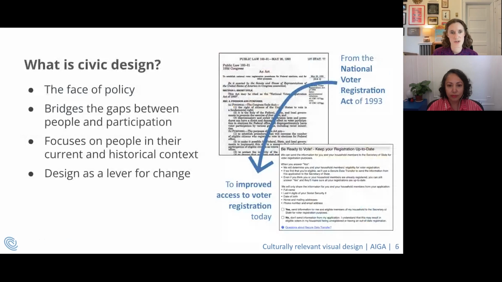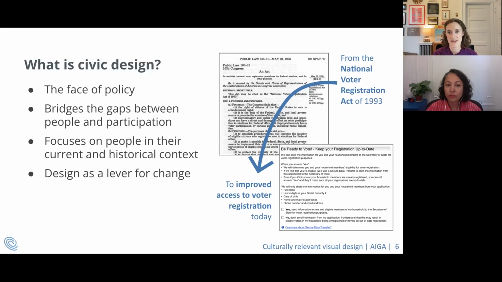So our expertise is really in what we call civic design. Let me break that down for everyone. To put it simply, civic design is taking policy developed at the national, state, and local level, and turning those policies into real-life artifacts like voter registration forms and ballots, and processes like provisional voting and the experience of using a ballot marking device.